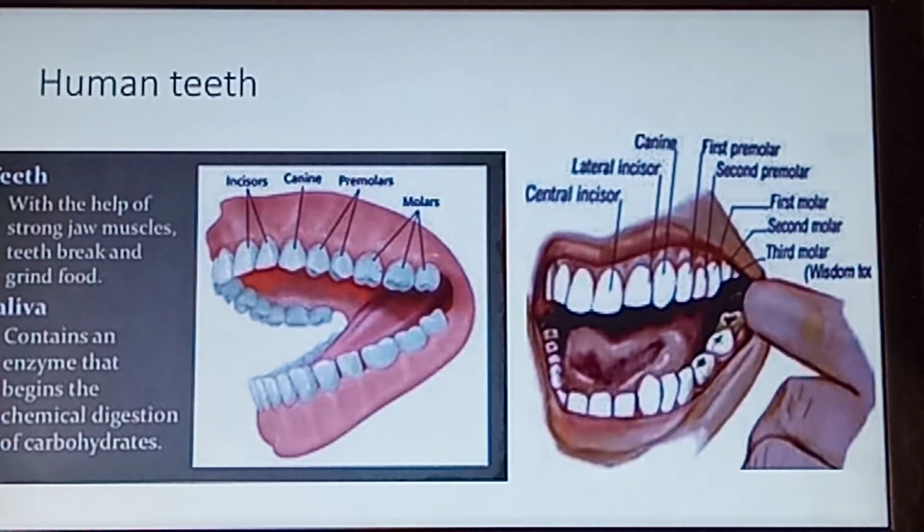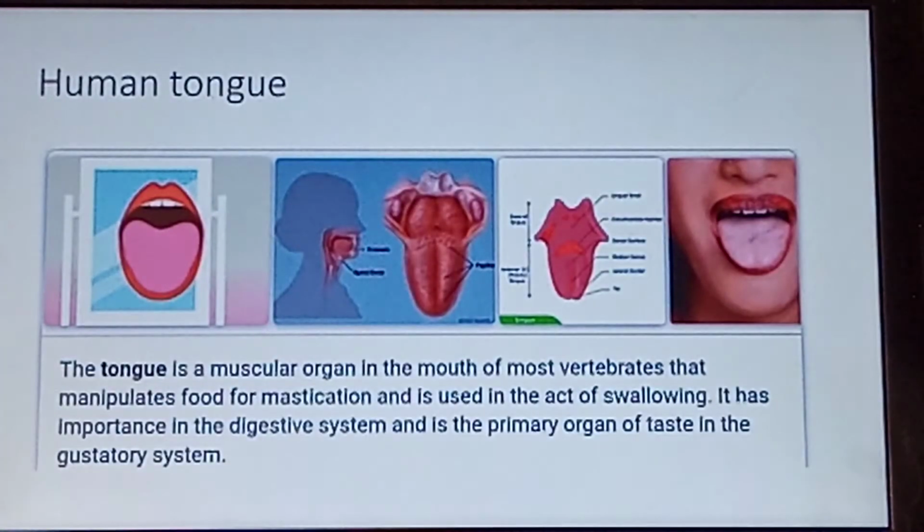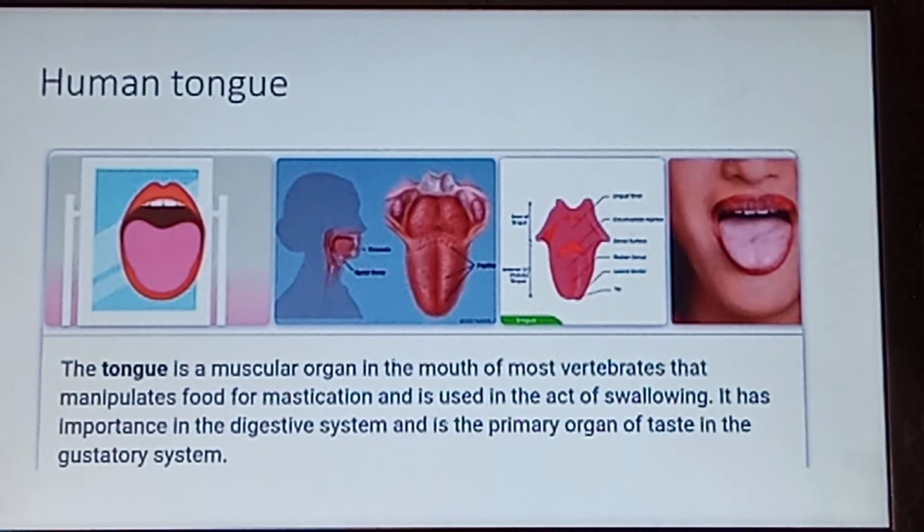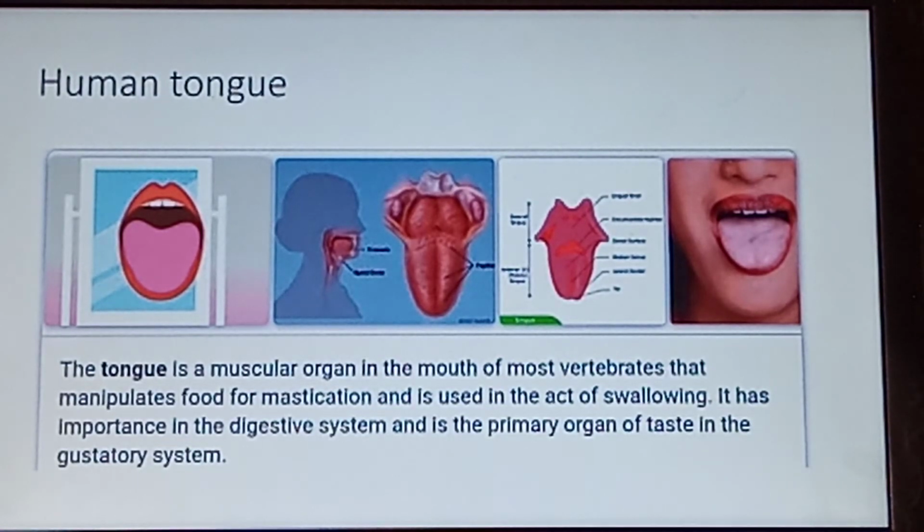Your tongue is a muscular organ that helps you to eat food. It pushes food towards your teeth. It also helps to mix the food with saliva and then enables you to swallow it. Your tongue does another job too. Small taste buds are spread across its surface.